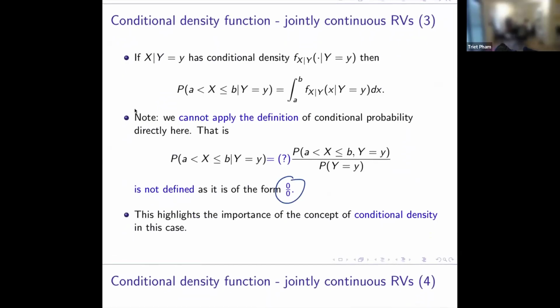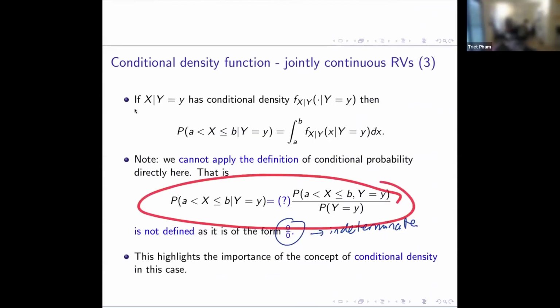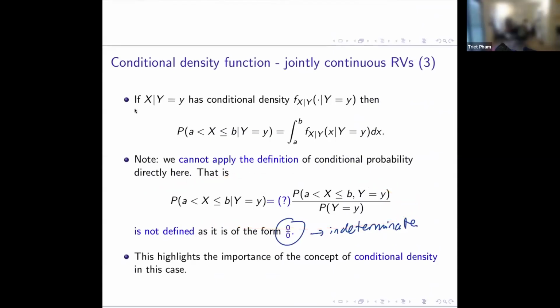It could be, but more properly it's indeterminate, meaning you have to do more refined analysis to determine what that is. And it turns out that the right concept to deal with this kind of object is conditional density, rather than working directly with conditional probability as a definition. Any question?